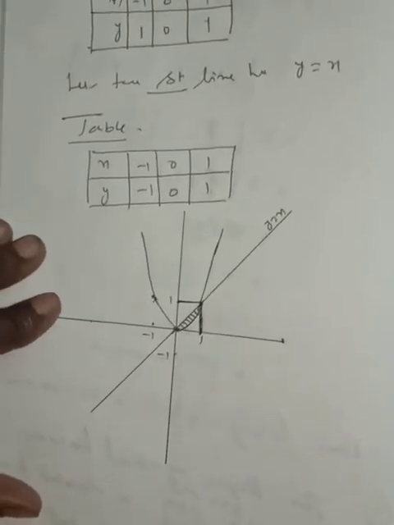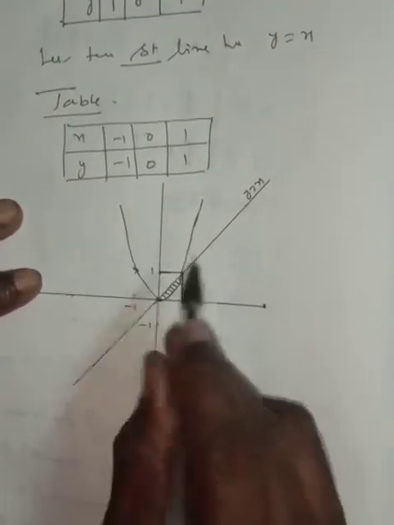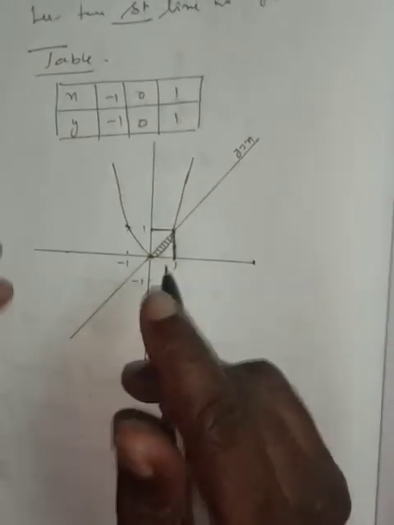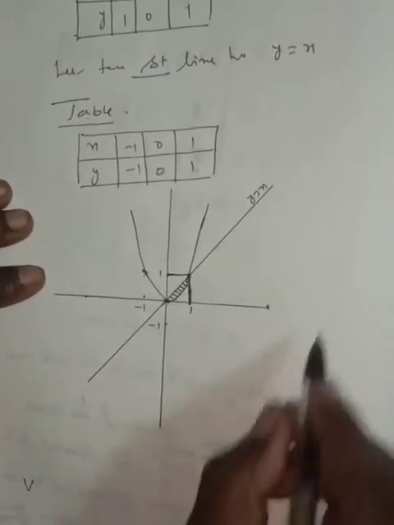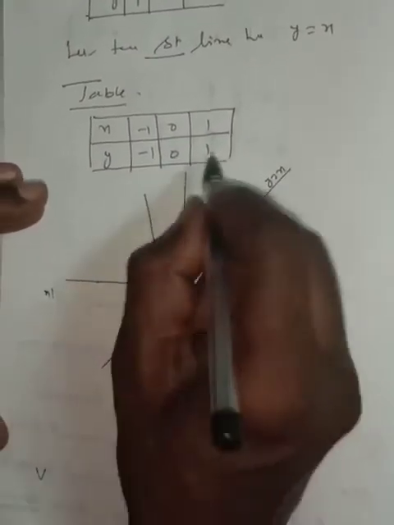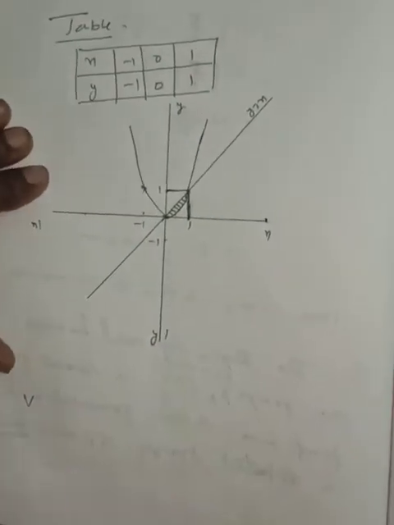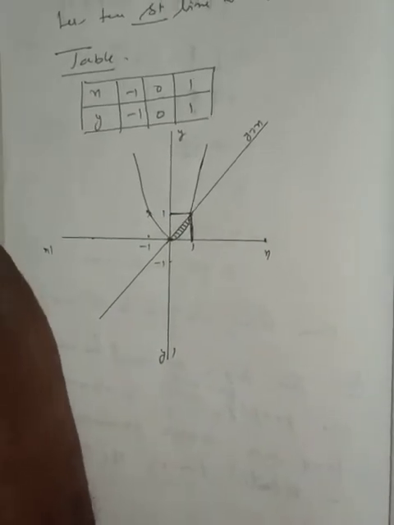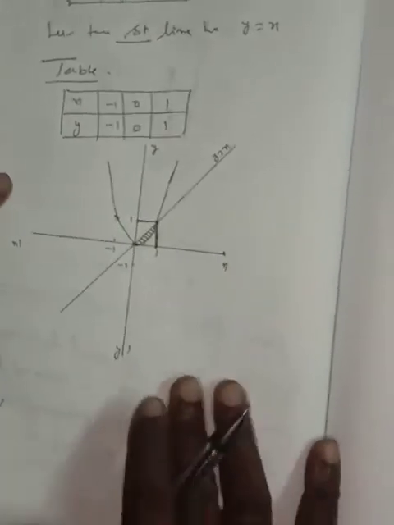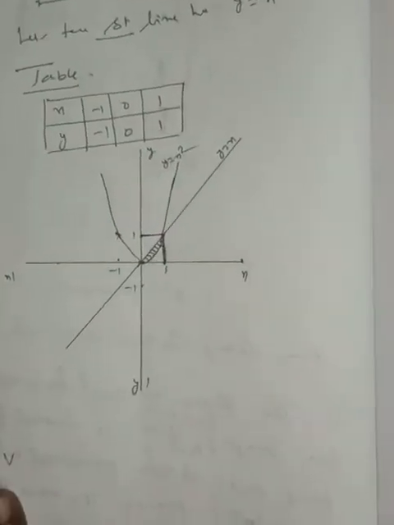Now, the volume of the shaded region, rotating about which axis? X-axis is given, therefore volume, x dash, y dash. Next, the curve is y is equal to x square.